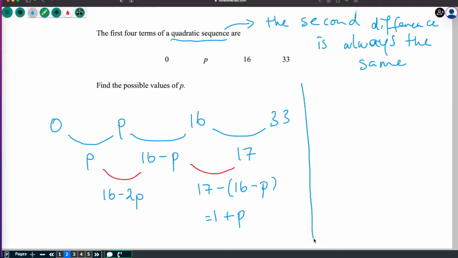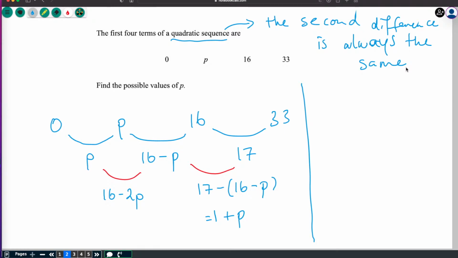Okay, now what could we do? Remember, look at what we have so far, the second difference, 16 take 2p and 1 plus p, and we know the second difference is always the same. What could my next step be here in order to solve for p?